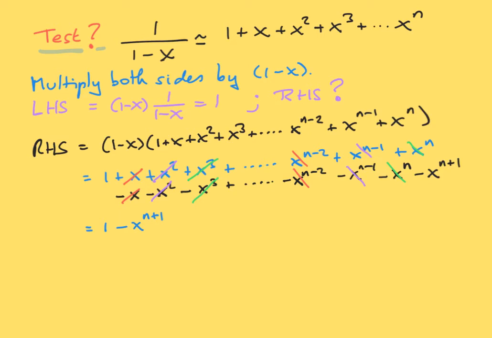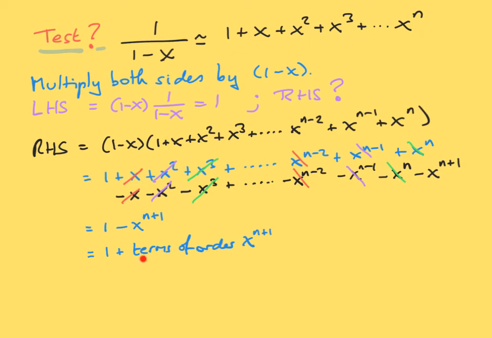So what I can do down here is I can say that our answer for the right-hand side, once we've multiplied by 1 minus x, is 1 plus terms of order x to the n plus 1, and that is beyond the order of our expansion. So the fact that we get this does not show that our answer is wrong. In fact, the fact that we've got 1 plus this shows that our answer is correct.